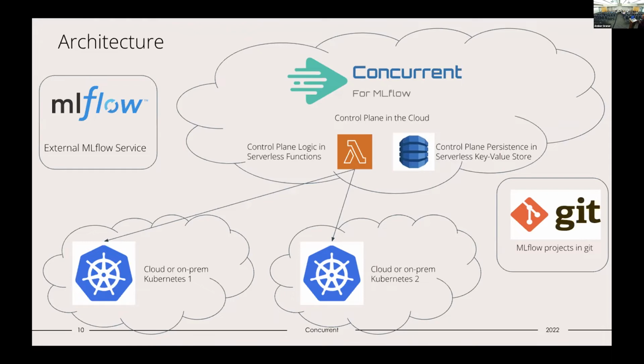Now, the primary goal of Concurrent is to take your ML projects and distribute them in the cluster and run them in a parallelized fashion. And those ML projects are stored in Git. So an ML project at a high level is your code plus a Dockerfile, or your environment. Since the ML project packages them together, it gives you the transparency to schedule it anywhere.